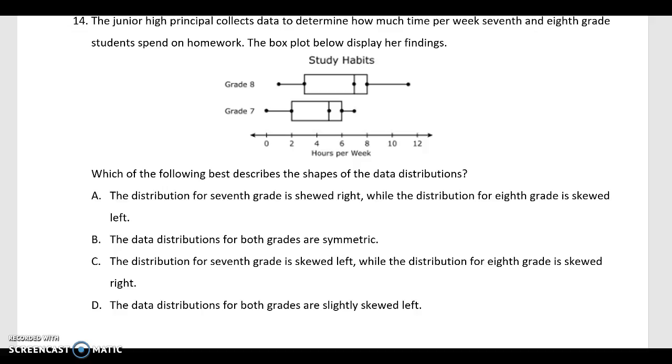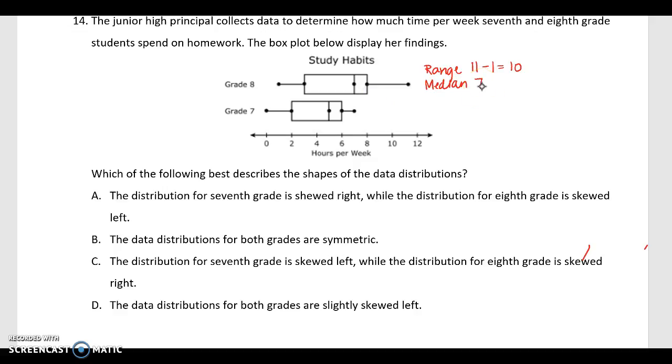Okay, so we always wanted to go ahead and analyze. So I'm going to do the range. So the range is the maximum, that looks like 11, minus the minimum, 1, so 10 here. The median is 7, we'll say.